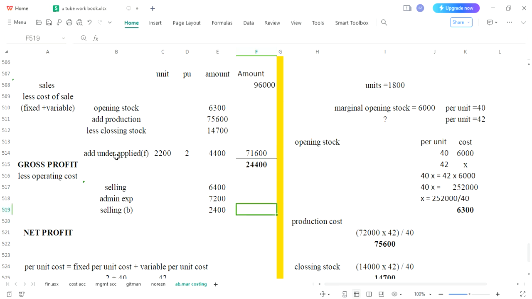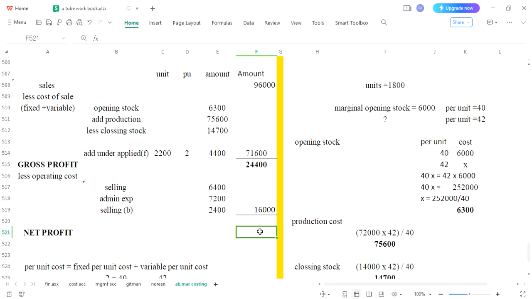Now we will calculate total operating cost. There are three elements present. First 2400, then 7200, and then 6400. Sum would be written over here. We are ready to calculate our net profit, which is the difference between operating cost and gross profit.